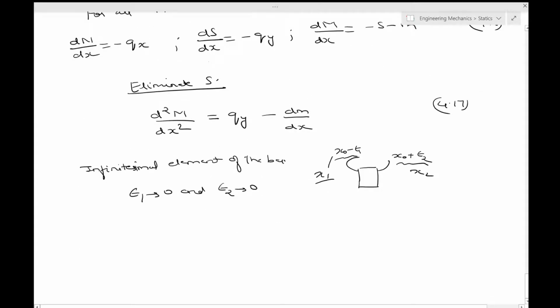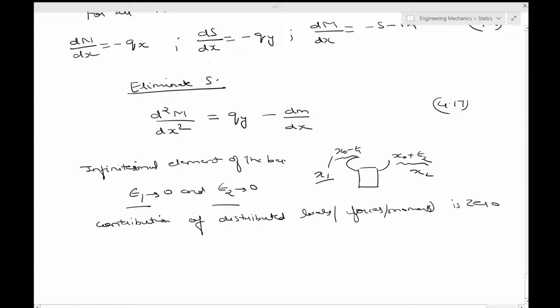And in these limits the contribution of distributed loads and moments, distributed loads, which is forces and moments, is 0. Because it is so small that as soon as you integrate it, it will be 0.